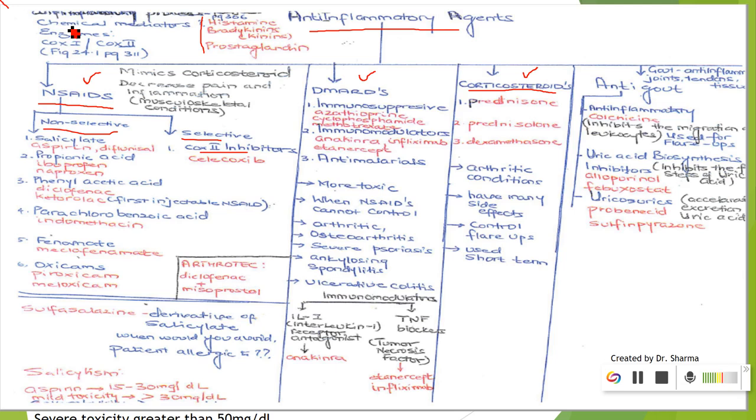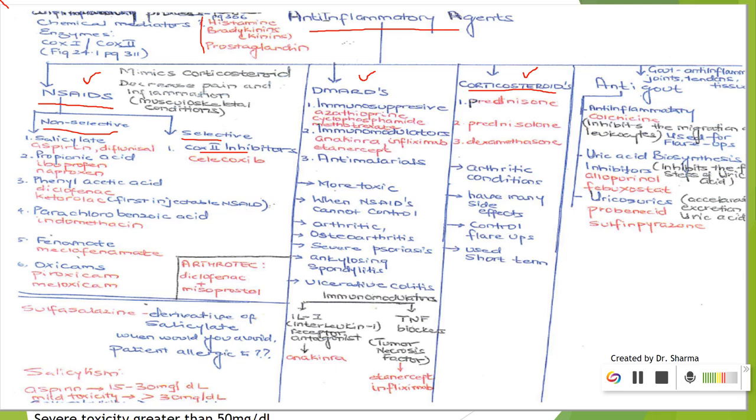So that's why it can lead to bleeding tendency. And then it can also cause renal impairment. Now, will it help with pain and inflammation? Absolutely. But there are some side effects that it can result in. So keep that in mind.